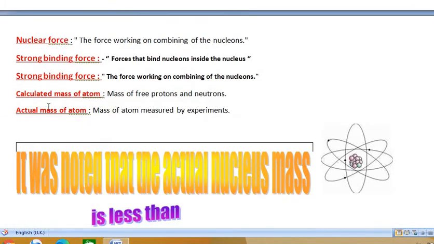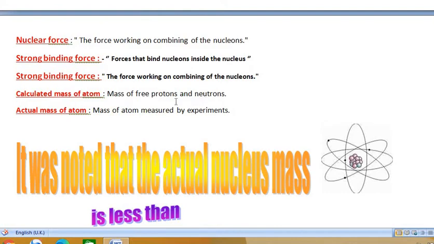There is also a calculated mass of the atom, the mass of the free protons and the neutrons. You can calculate the mass of the atom by adding the mass of all protons and neutrons. In this way you can calculate the mass of the nucleus or the atom as a whole.